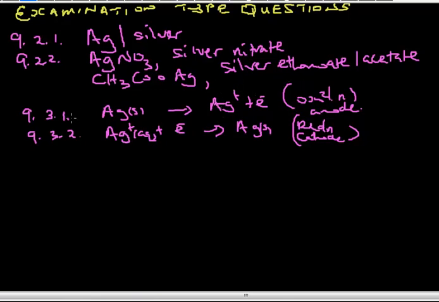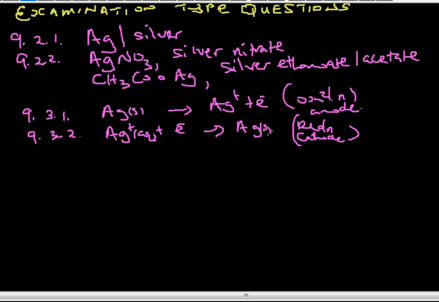As we can see here, 1 mole of silver ion is being formed at the anode, and again 1 mole of silver ion is also being used at the cathode.